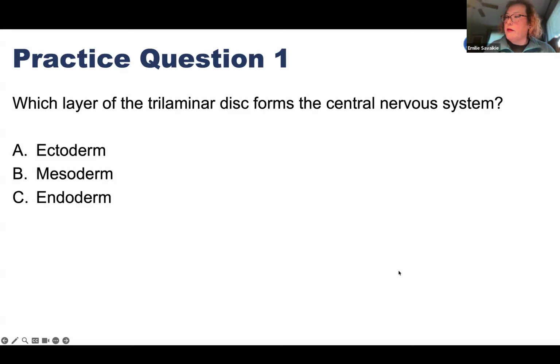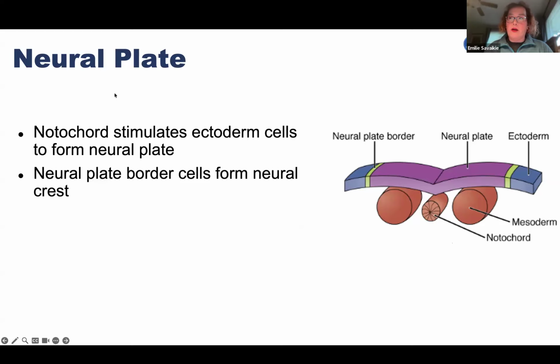And then somewhere in the middle of week 3, the notochord will start stimulating this central part of the ectoderm cells to form the neural plate. And this thickening tissue will start growing, and then you have these neural plate border cells, which will form the neural crest coming up.